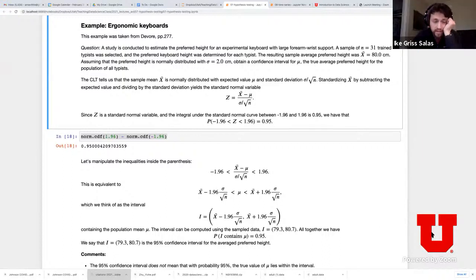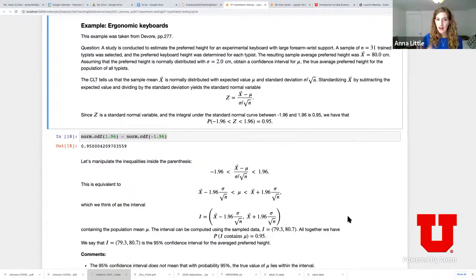So just to clarify, if we wanted to find a confidence interval of 75%, then we would change negative 1.96 and 1.96 to a corresponding smaller value, whatever that is for the standard normal variable. Yeah, that's exactly right.